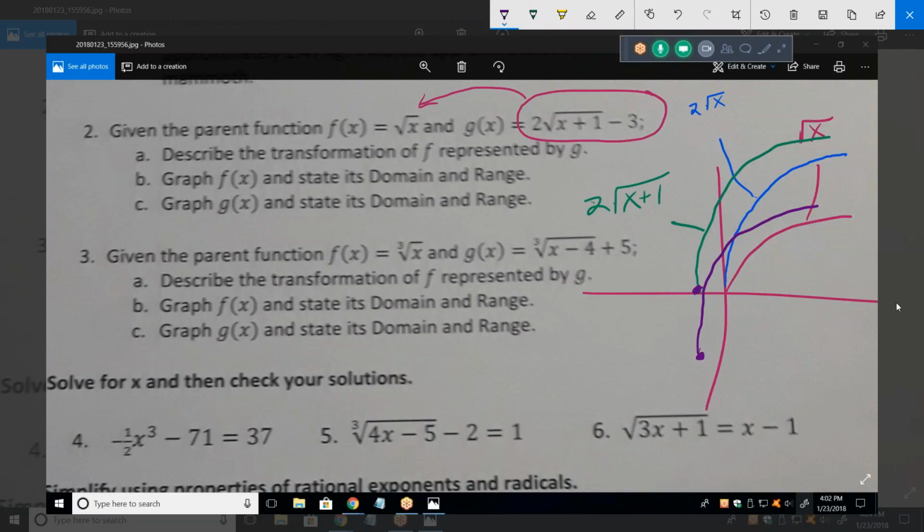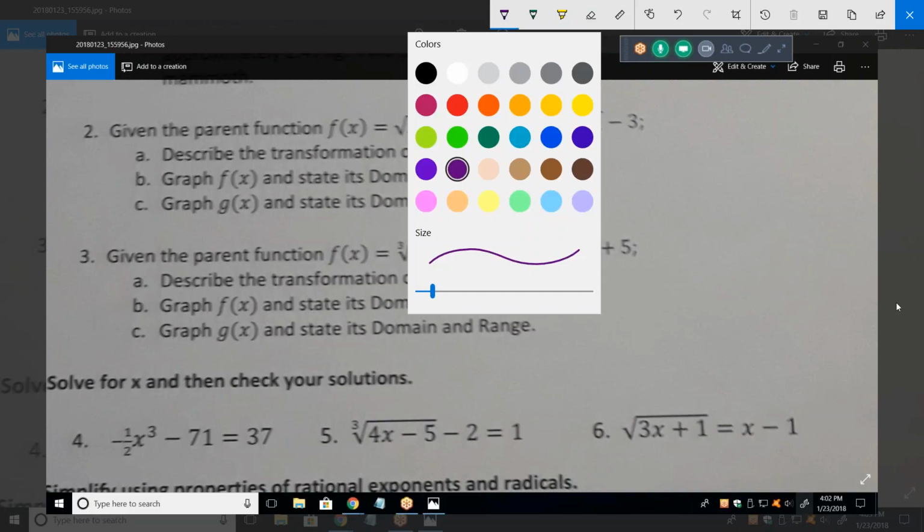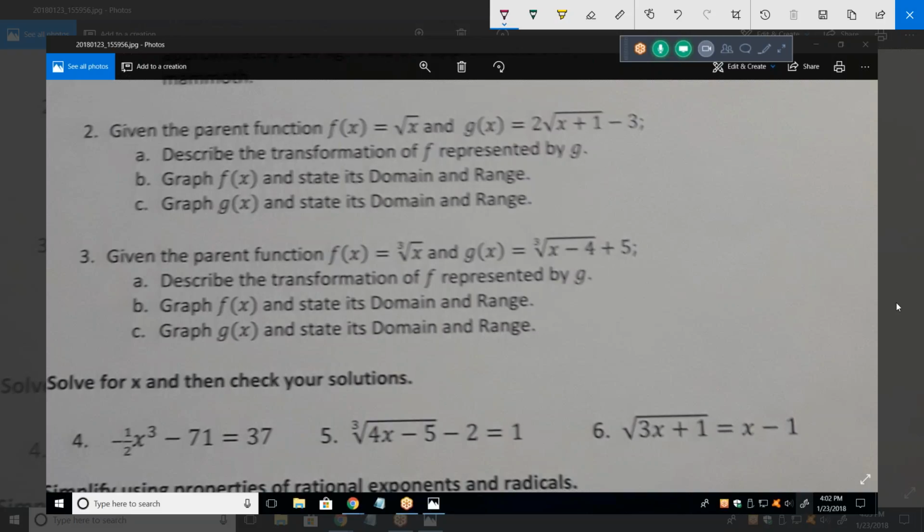Okay, let's talk about the domain and range. What is the domain of f of x? We graphed it already, so we don't need to do that. Let's talk about its domain and range.